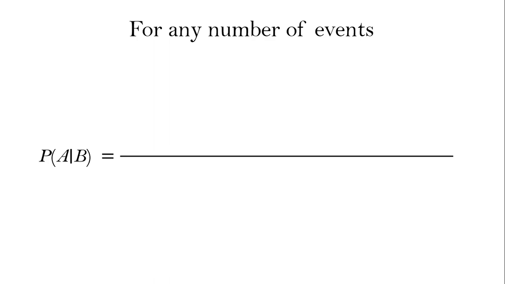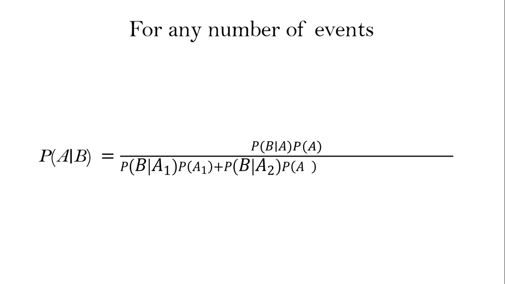So if that is true, then for any number of events, the probability of A given B can be denoted as the probability of B given A times the probability of A, over the probability of B. But the probability of B can be expressed through a number of events. That's why we say the probability of B given A1 times the probability of A1, plus the probability of B given A2 times the probability of A2, and so on, up to An, the nth event.